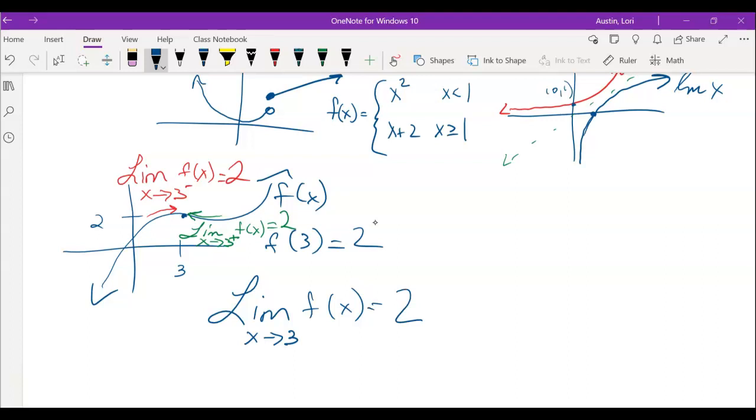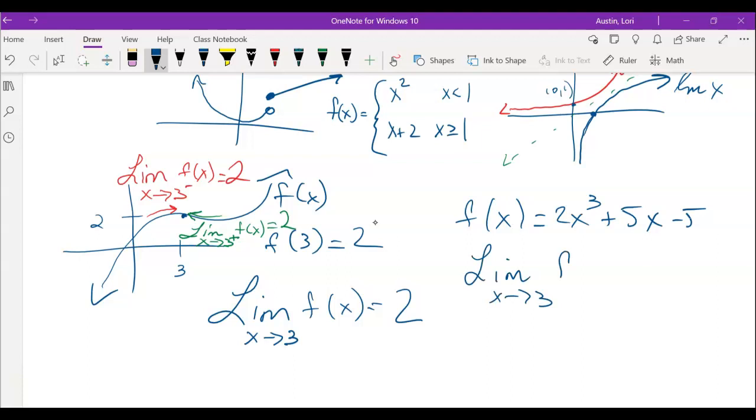Here's what's great about polynomials. You are going to love working with polynomials in this class. We're not going to work with them very often. They're easy. To do a limit of a polynomial, all you have to do is plug in the number. So if I gave you a function, and I want the limit as x approaches 3 of that function, here, let's use a different number besides 3.